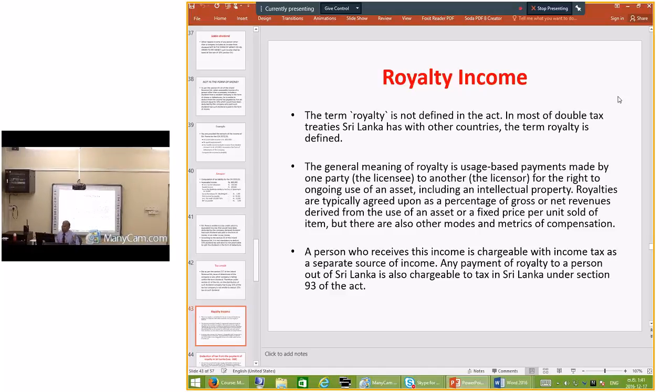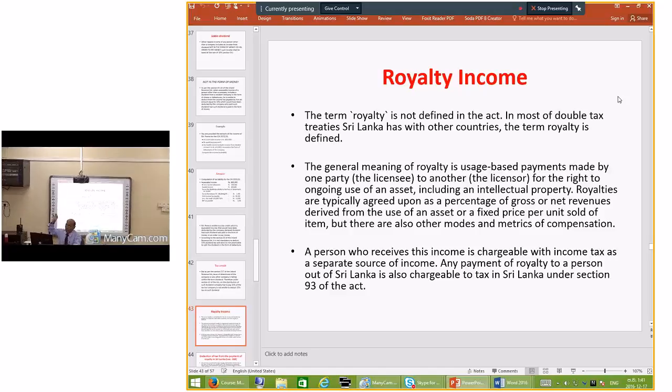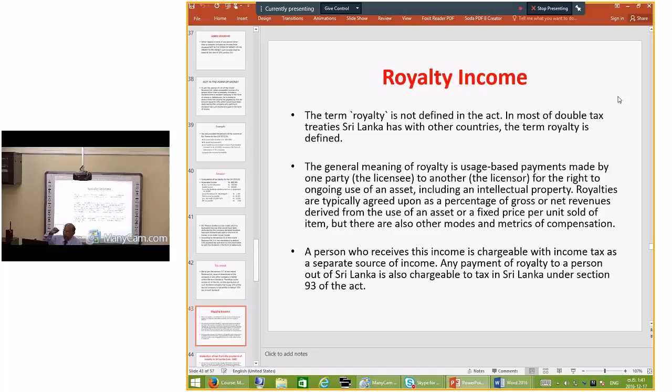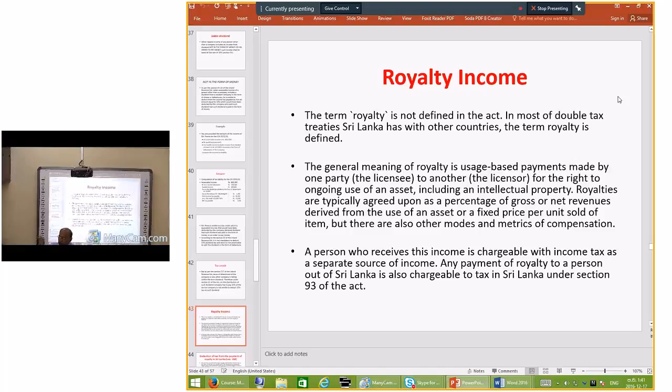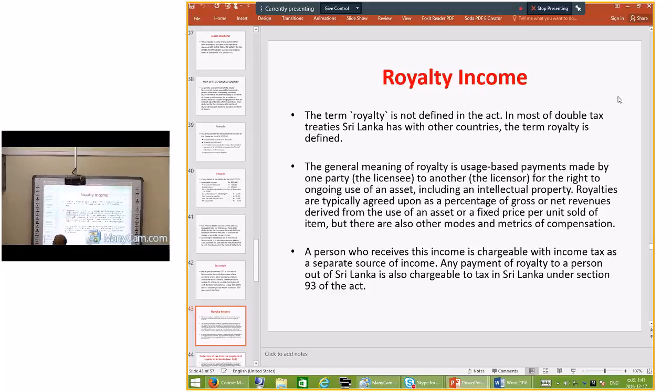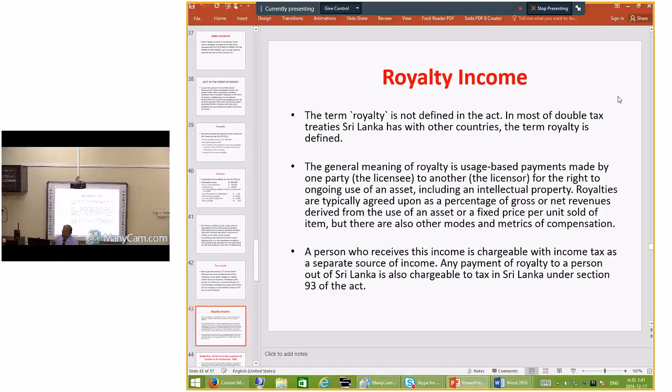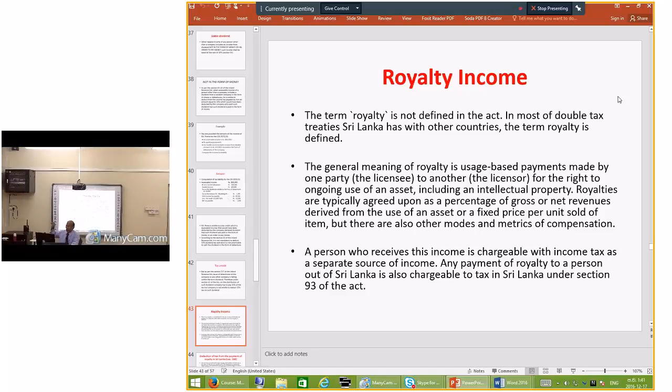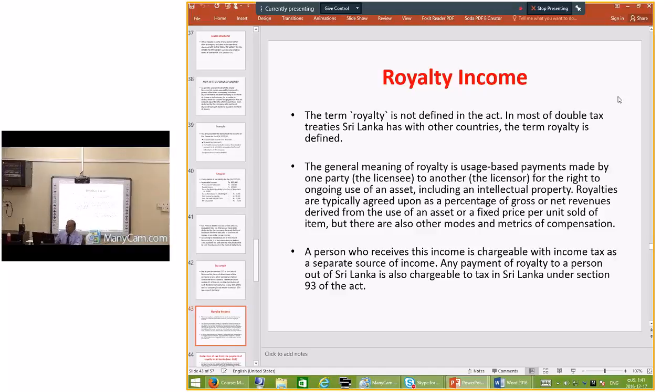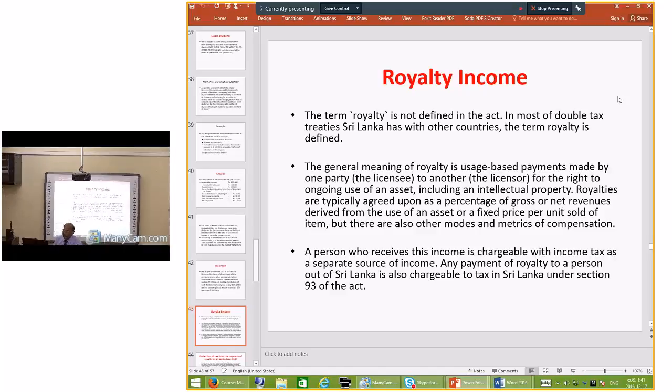In some cases, some multinational companies charge a large volume of royalty to reduce the tax liability in Sri Lanka. If the Sri Lankan company pays more as royalty, that becomes an expenditure of the company. Accordingly, they can reduce their liability.